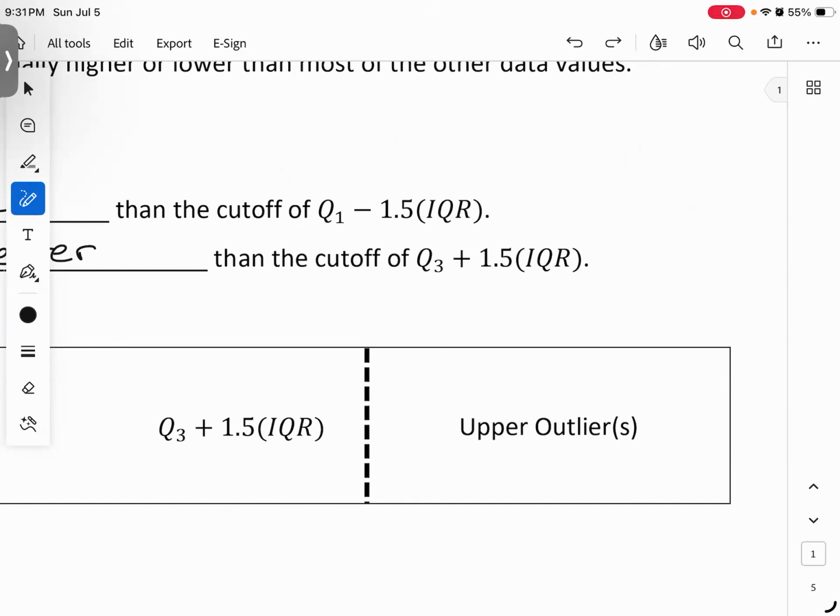And I'll show you down below when we do our first example, where does the 1.5 come into play? It has to do with a matter of distance. But if there's anything beyond that cutoff, then that would be considered an upper outlier, just something that's unusually large or much different than the rest of the data values.